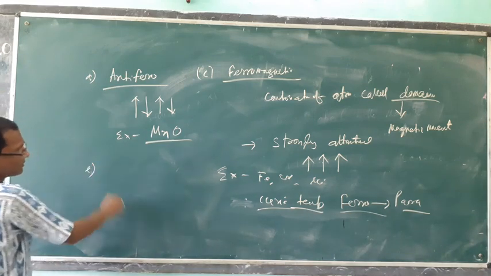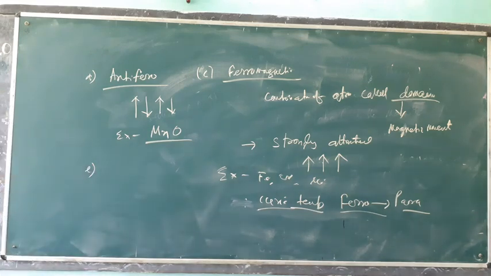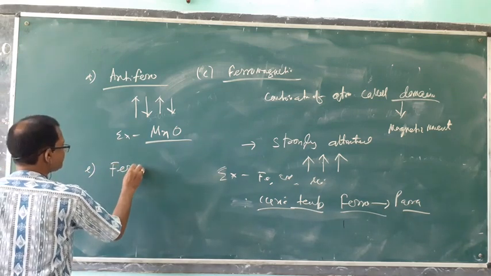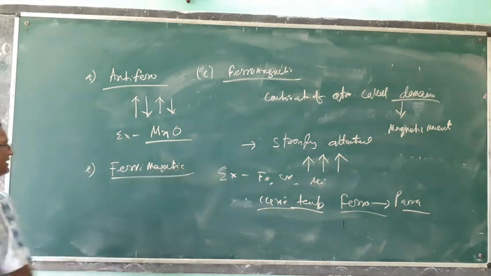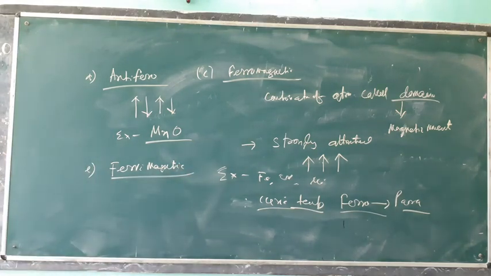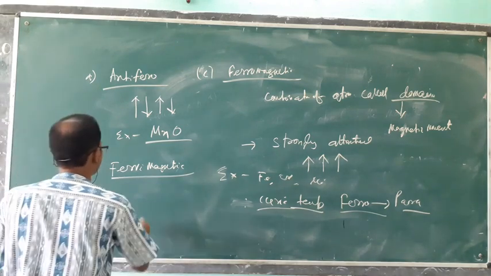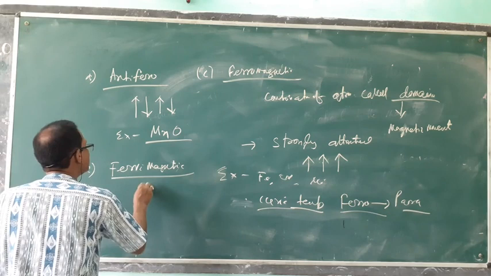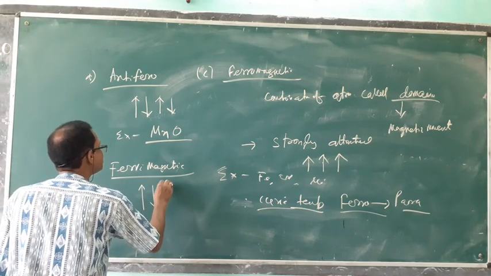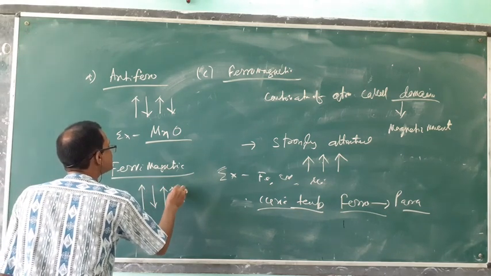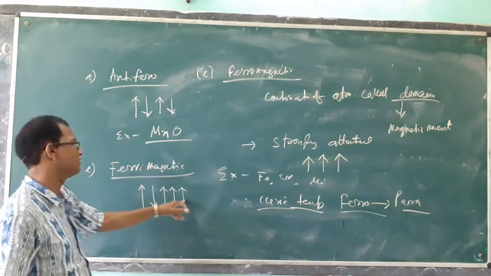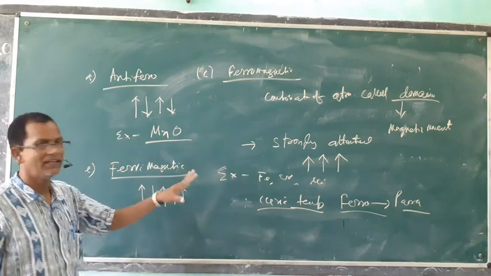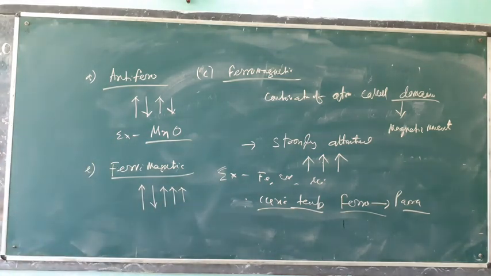Then the last one is the ferrimagnetic substance. Here the magnetic moments are aligned in unequal alignment, like this. Here one upward, here downward, and three are upward. Not equal, not opposite.